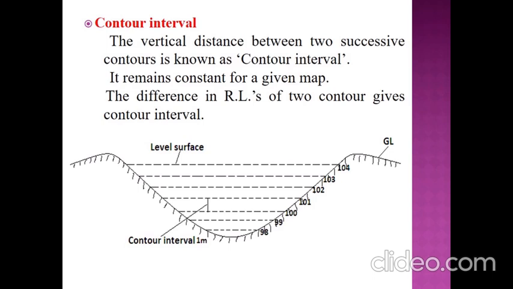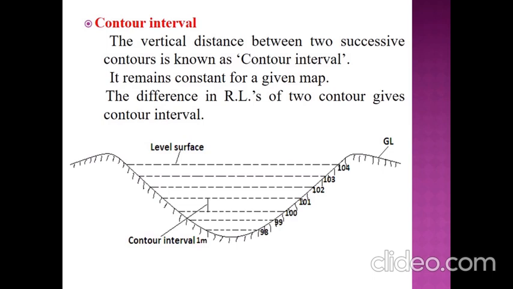A variable contour interval is avoided as far as possible, since it gives a false impression of the relative steepness of the ground in different parts of the map. Usually contour intervals are taken as 1 to 15 meter.